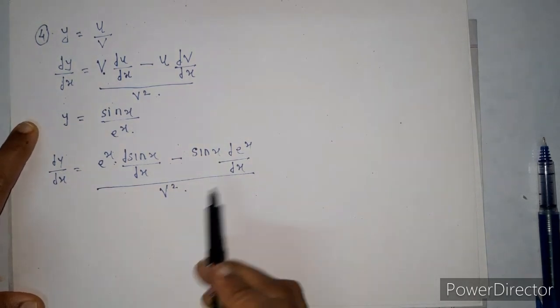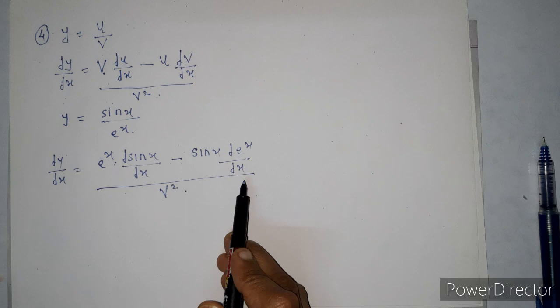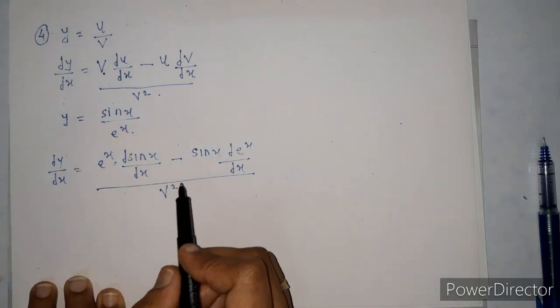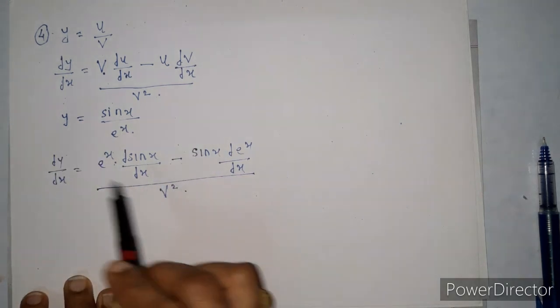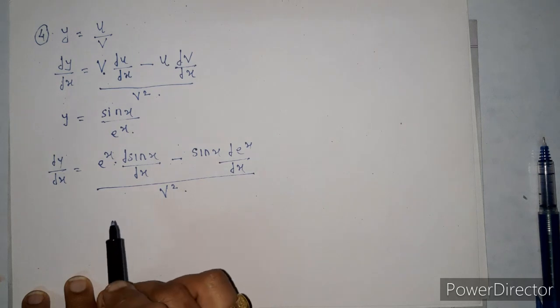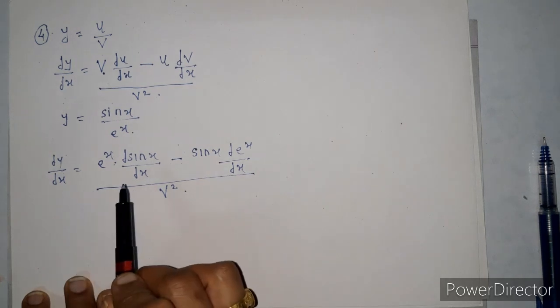This is the quotient rule. These are the rules of differentiation which are very basic rules.